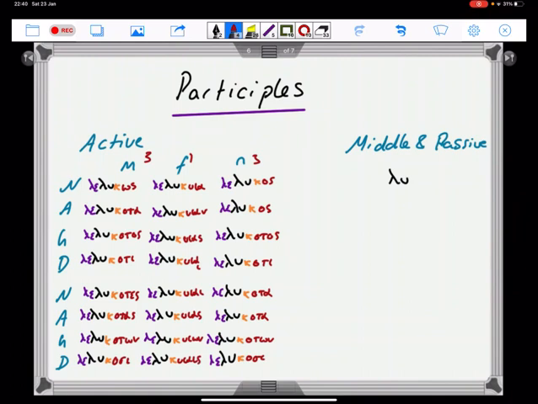So the endings aren't new there. Once you've learnt kotos, it's another 3-1-3 adjective. In the middle and passive, you're going to reduplicate and then add the trusty menos on the end, for which the endings are already familiar.